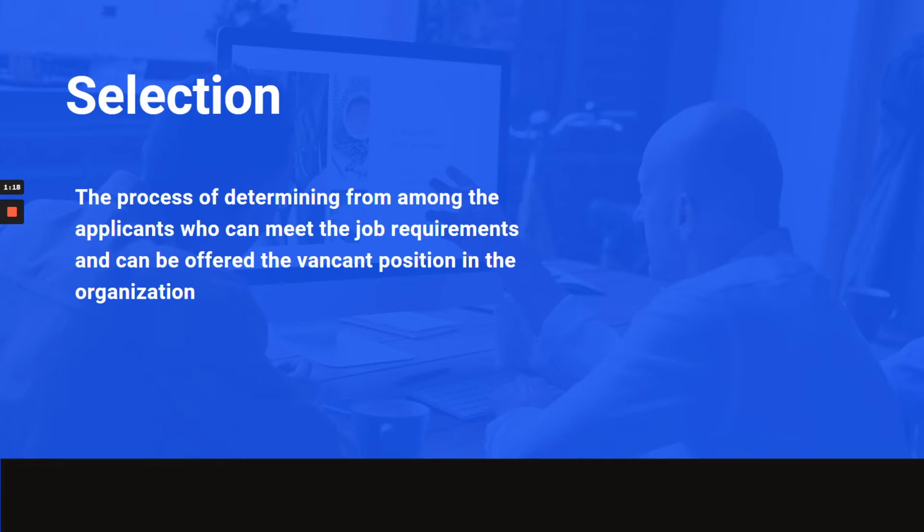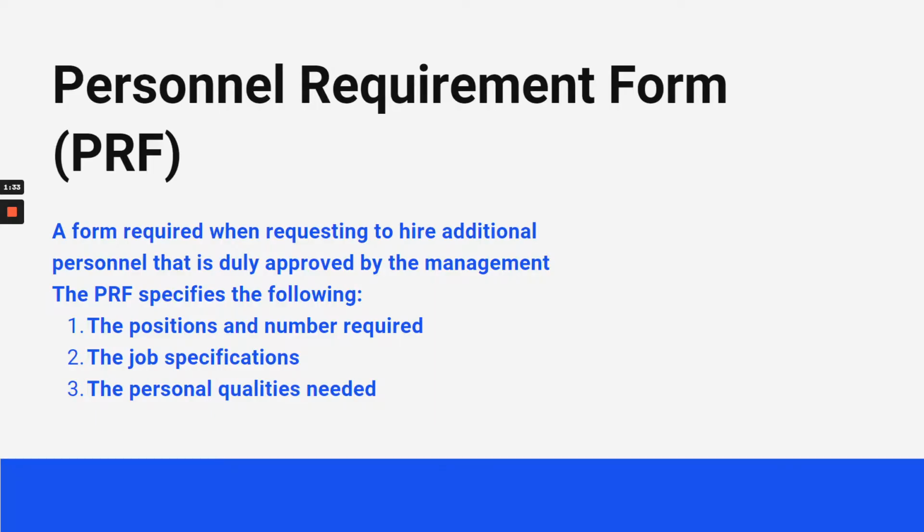And there are different departments of the organization that make a personnel requisition. So if you are in a company, there are different departments, like the production area, assembly area, etc. Those departments are going to fill up forms. The usual or formal process is a requisition form, normally called a personnel requirement form.